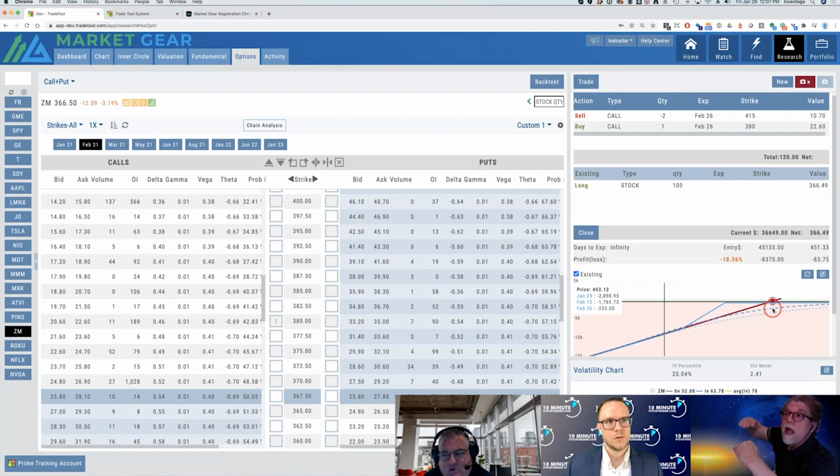And if I own the stock, every dollar the stock goes up, I make $1. So I have a bull call spread that makes $1 for every dollar the stock goes up, and I own the stock that makes $1 for every dollar the stock goes up. So every dollar the stock goes up, I'm making $2.